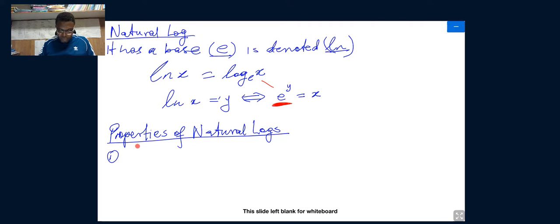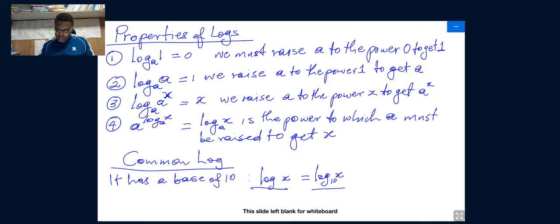One, ln 1 is equal to 0. Here we use the same reasoning as we did here on the properties of the logs.